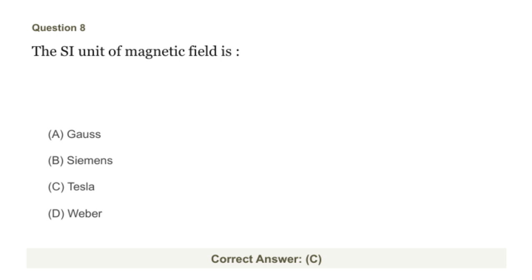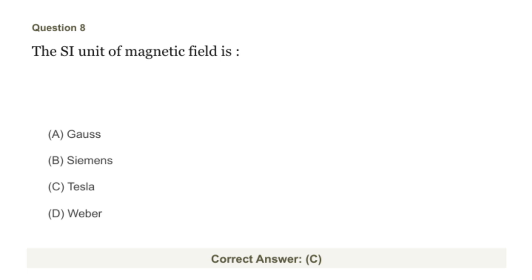In our overall discussion of magnetic fields, understanding the SI unit helps us quantify these fields accurately, especially in scientific and engineering contexts. While the other options, Gauss, Siemens, and Weber, are related to electromagnetic measurements, they serve different purposes.